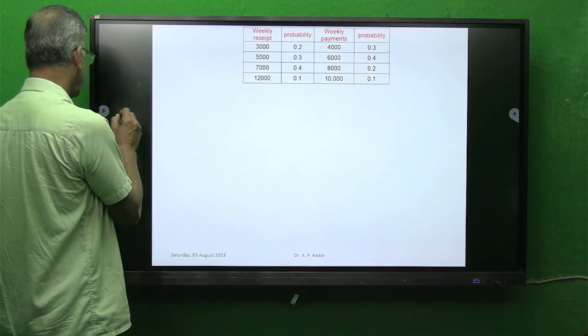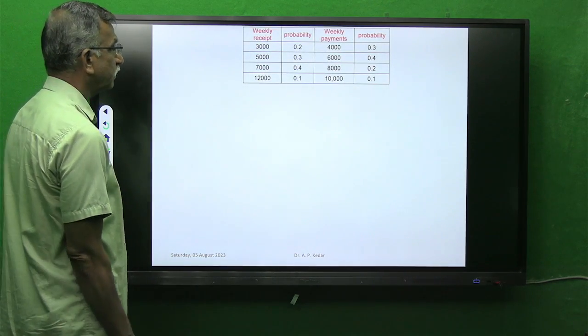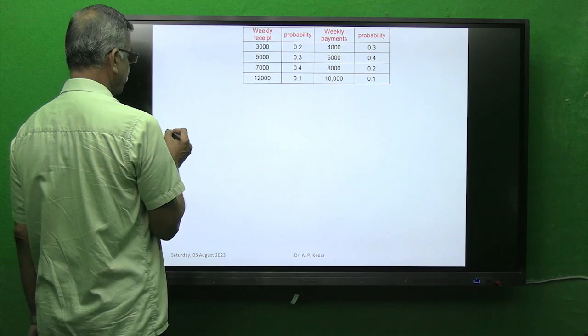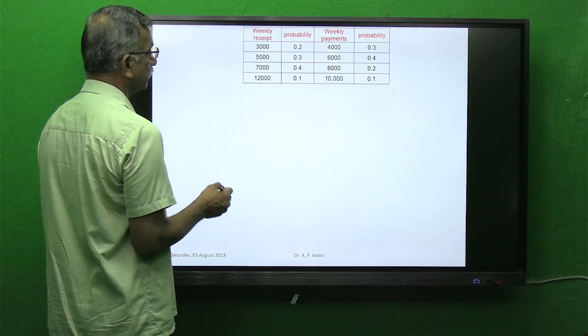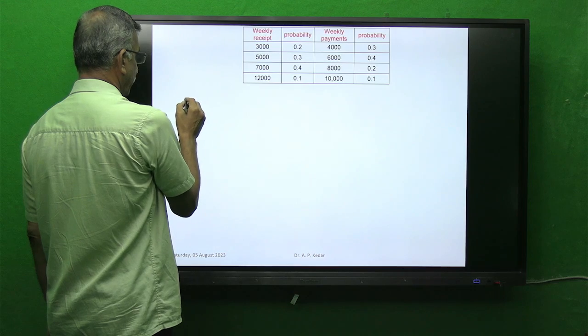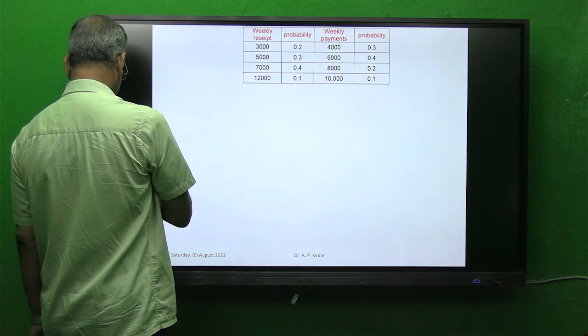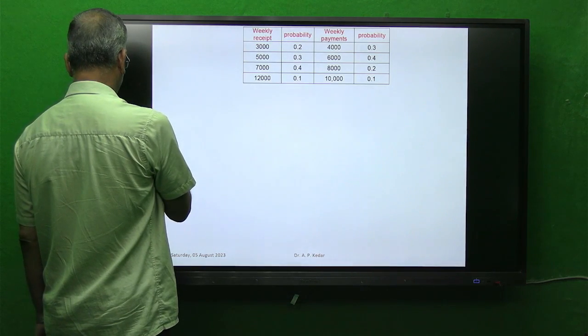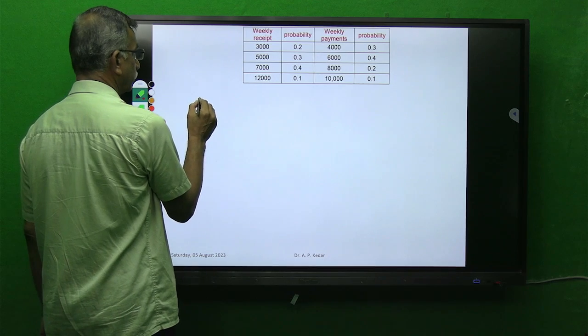Now you can see this table, and as we did in the previous problem, if we wish to calculate the cumulative probability, again what are we supposed to do?